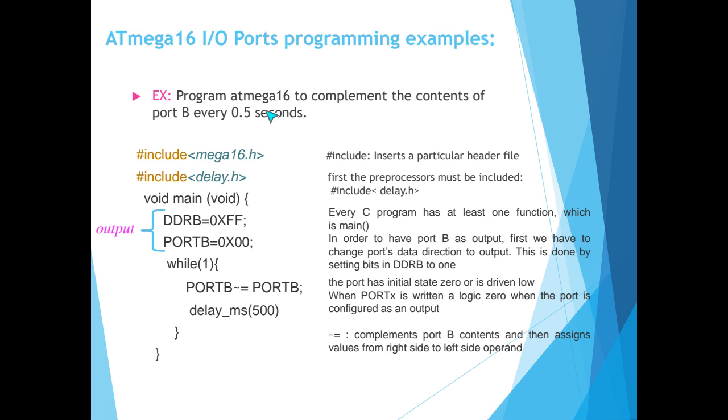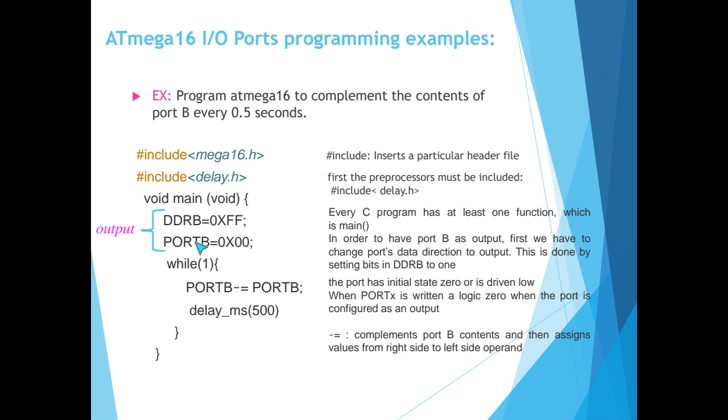So for complementing the contents of port B, we need to configure it as output, and by using this code, we configured it as output by using the DDR register and by putting all of the bits as logic 1. And then, because we want to complement the content of port B, we need to initialize its state.